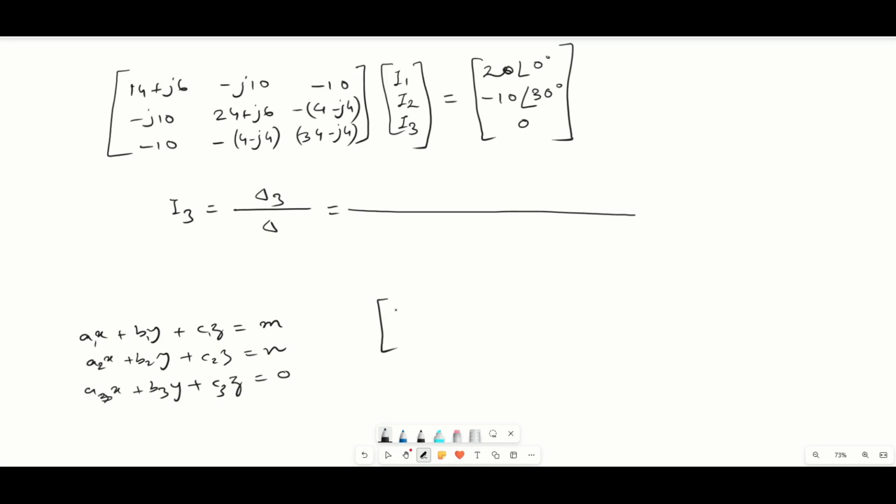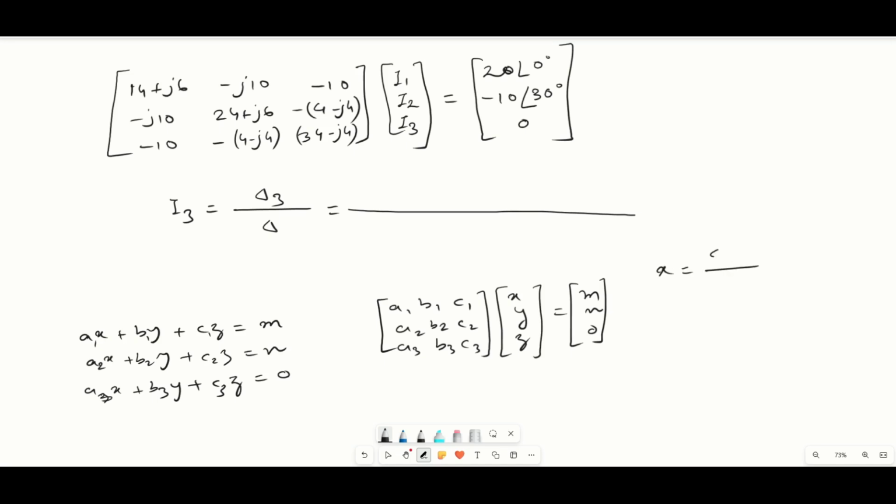If we write this in matrix form, it will be the matrix with rows a1 b1 c1, a2 b2 c2, a3 b3 c3, multiplied by x y z, and on the right hand side we have m, n and o. As per Cramer's rule, if you want to determine x, then x is given by delta 1 divided by delta.